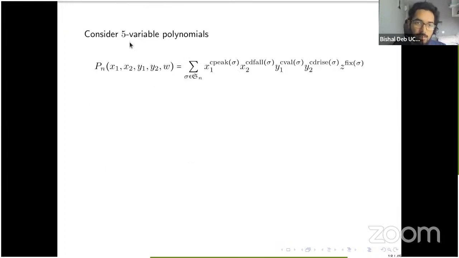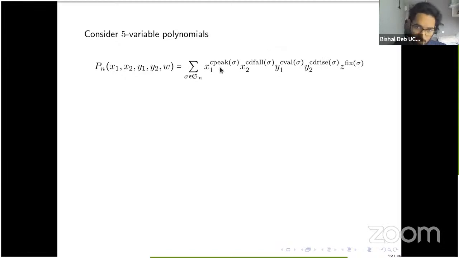And now we can consider this 5 variable polynomial. Fix an n, and then consider this polynomial in variables x1, x2, y1, y2, and z, where you give this weight to every permutation.